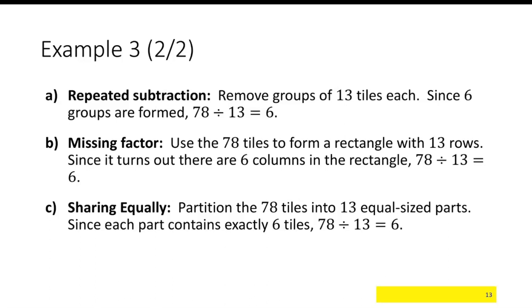Since 6 groups are formed, 78 divided by 13 is 6. For the missing factor, we can use the 78 tiles to form a rectangle with 13 rows. Since it turns out there are 6 columns in the rectangle, 78 divided by 13 would be 6. And then sharing equally would be to partition the 78 tiles into 13 equal-sized parts. Since each part contains exactly 6 tiles, 78 divided by 13 is 6.